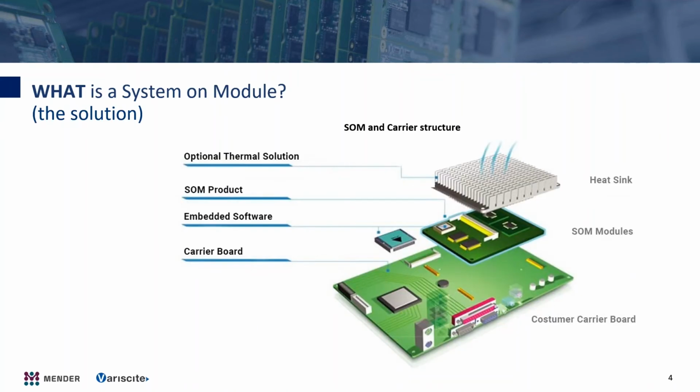And what is a SOM? For those of you who aren't familiar with the SOM solution, this graphic slide will demonstrate it. You can see that the SOM is located on a carrier board, a simple board. All the software is embedded on the system on a module, and optionally you have a thermal solution.